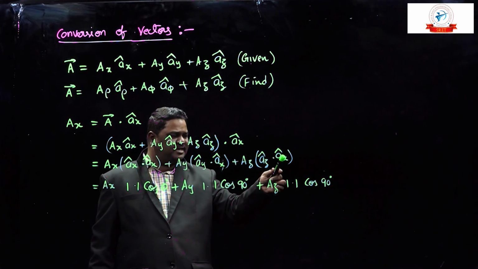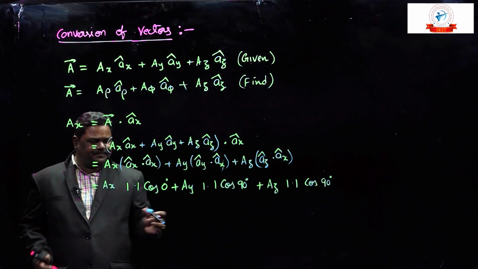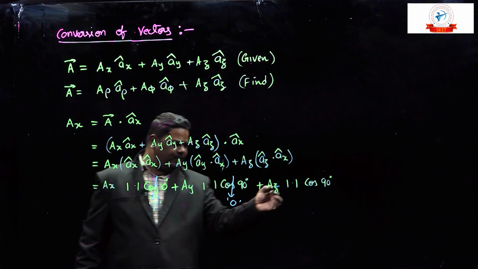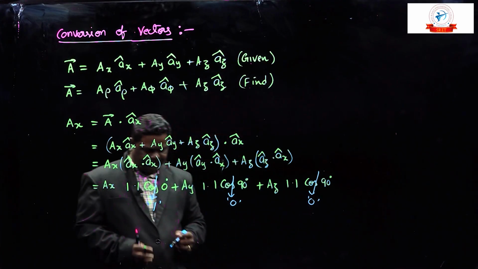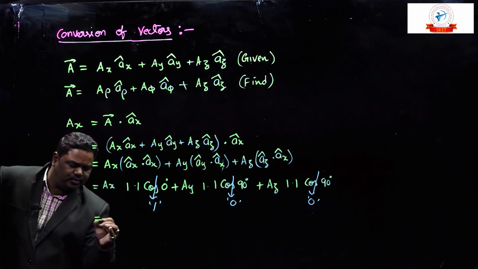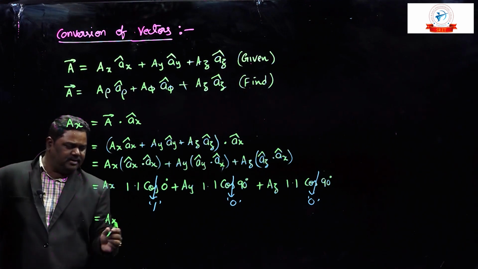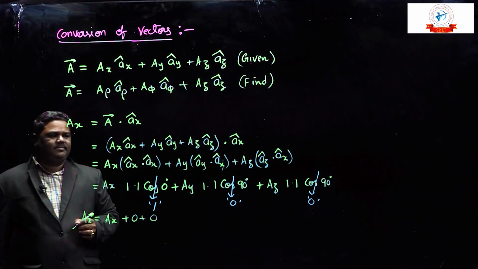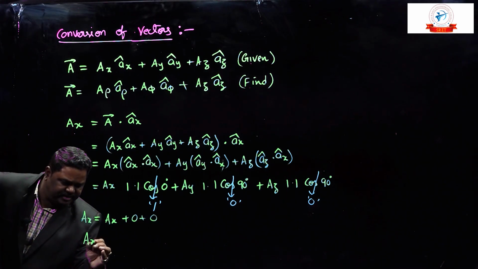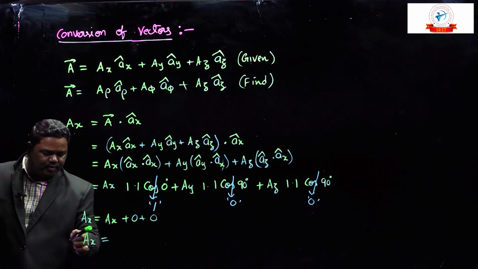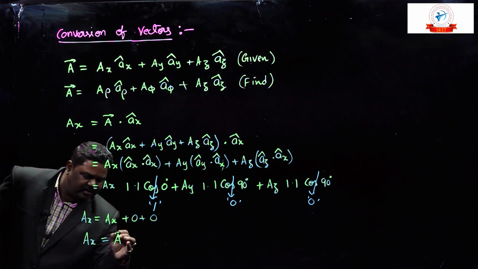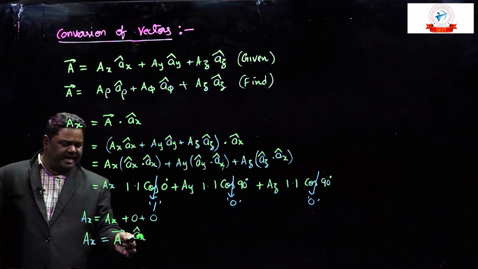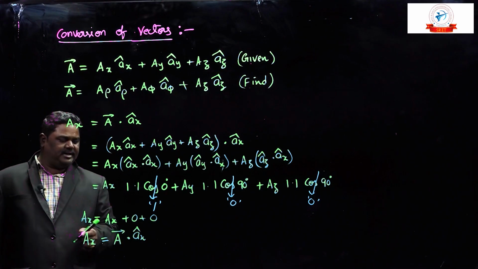Cos 0 is 1, cos 90 is 0, and again cos 90 is 0. So this equals ax into 1 plus 0 plus 0. So we have obtained the x component. That means if you want to extract only the x component from the complete vector, a bar dot ax cap will give you the x component.